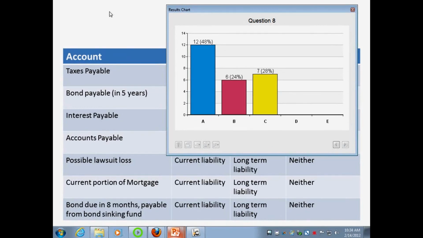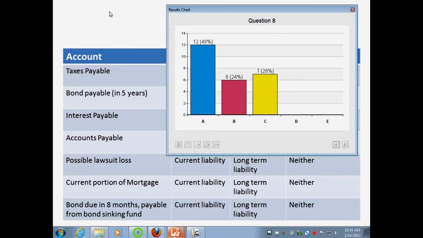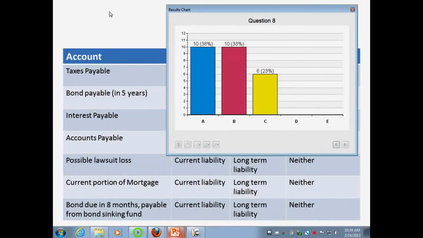But because you have an offsetting asset that's held as a long-term asset to pay for it, if you say it's going to be paid out of a bond sinking fund, it means you don't need your current assets to cover it. And if you don't need your current assets to cover this liability, then it doesn't need to be in the current liability section.